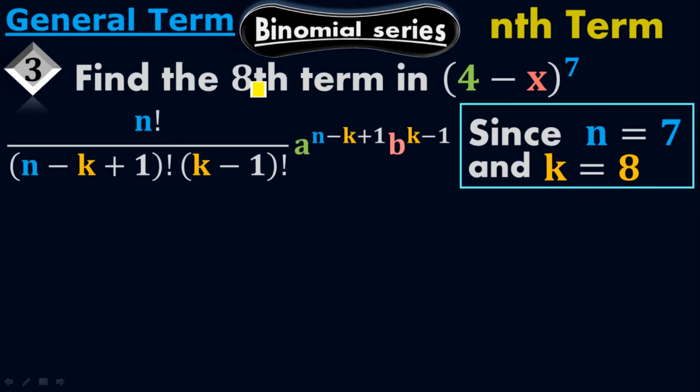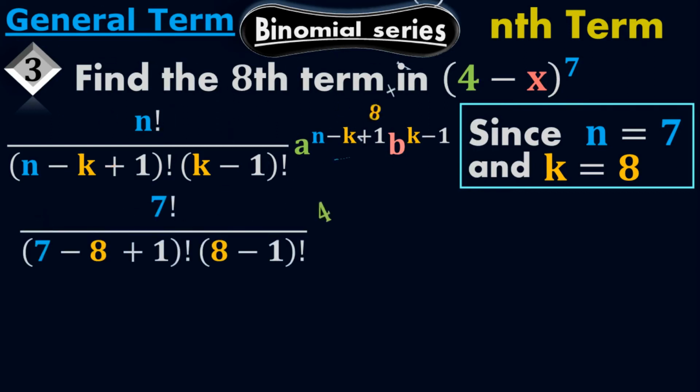If it is the 3rd term, you put k equals 3. So whatever number you have for the term, 8, 7, 4th, 5th, 6th, this will be the value of the k. So plug in n equals 7, k equals 8, a equals 4, and b equals x. Plug in all the respective values.